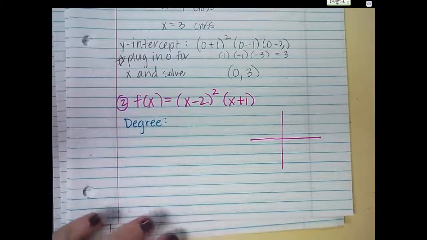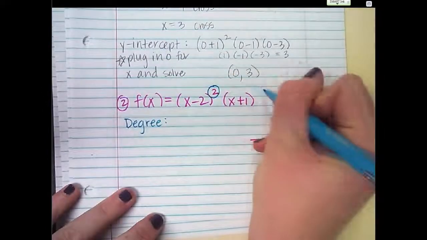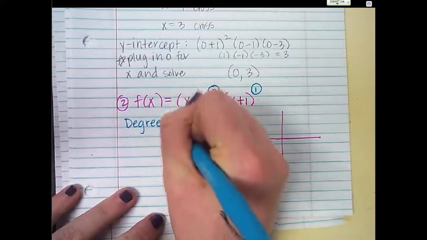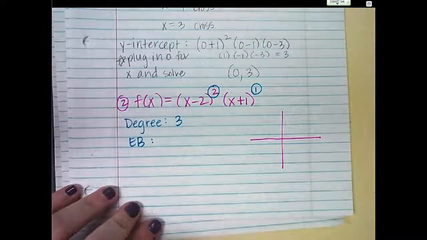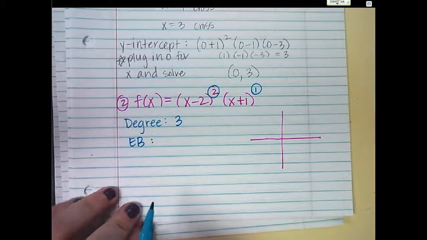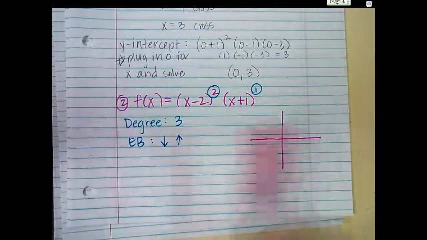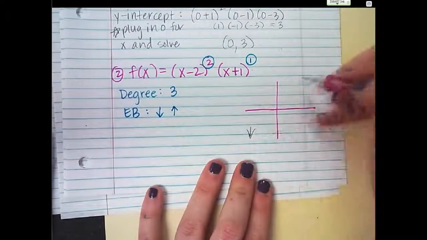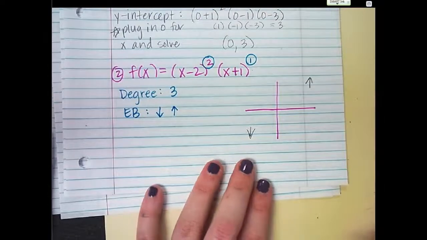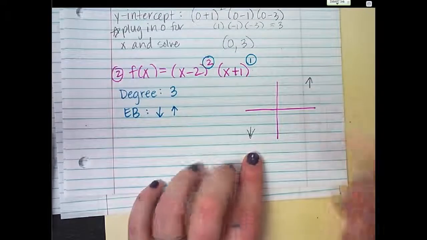What's the degree of the whole polynomial? 3. I've got 2 here and 1 here. So degree is 3, which gives me my end behavior. Is it up, up, or down, up? Down, up. I'll just make my arrows on my graph. So since I'm down, I'm going to come below the x-axis, down, up. So think of your basic x cubed, down, up.